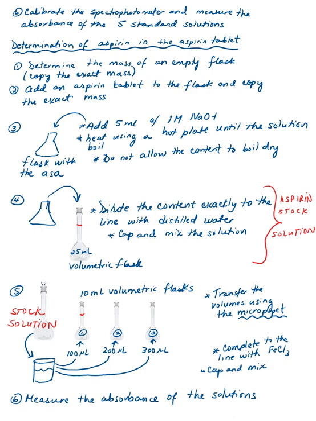Once you're done taking all of your measurements, you're going to put everything in a waste container. You can have a large beaker in your bench, and in that beaker you can transfer all of the solutions that you already measured, the absorbance, any excess of your stock solutions, any excess of the iron chloride solution.